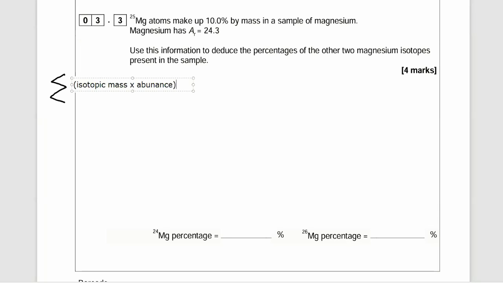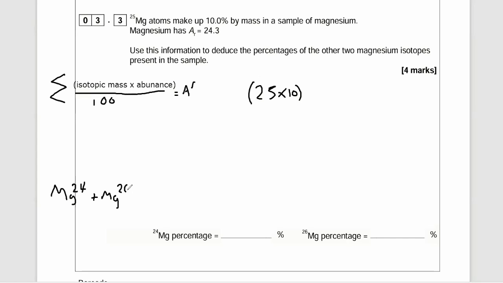So essentially we're looking at the sum of the isotopic mass times the abundance for each of the isotopes divided by 100 is going to equal the Ar of 24.3. So I know that 25 times 10 is the mass times the abundance of the first one. I then know that magnesium 24 and magnesium 26 combined must equal 90%.